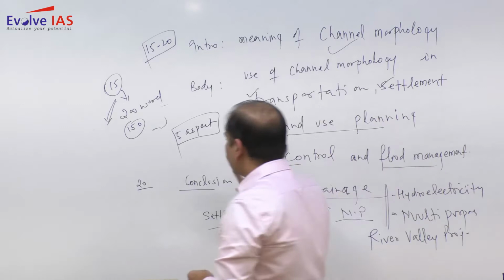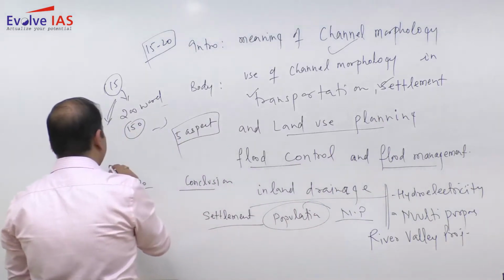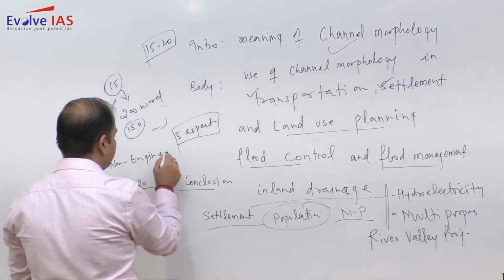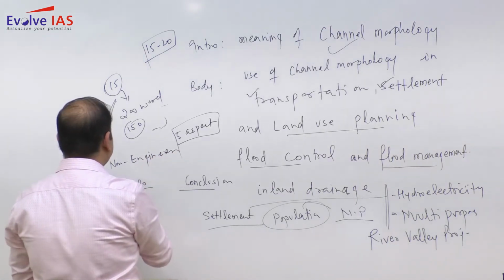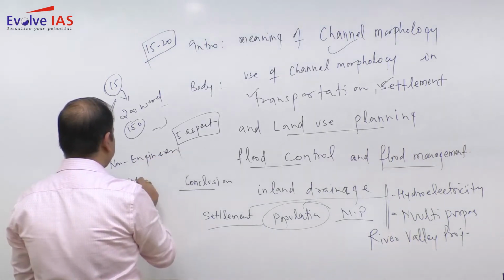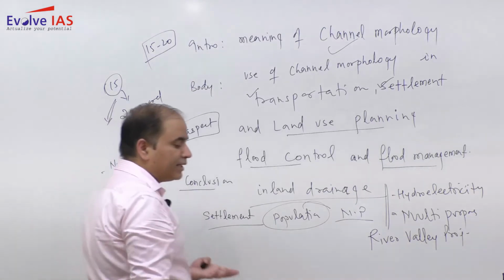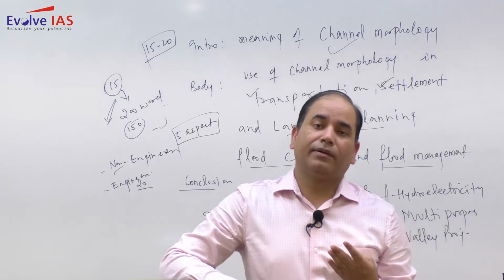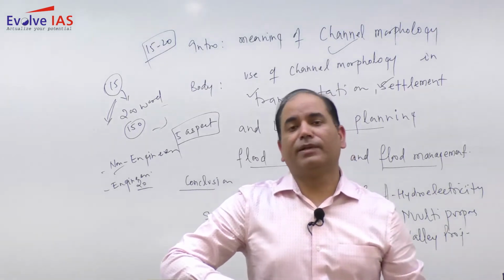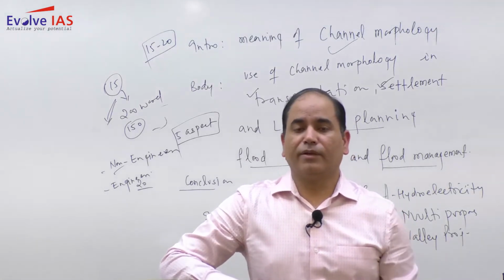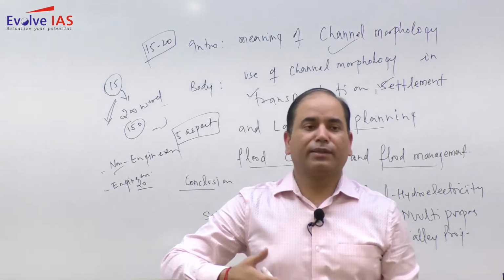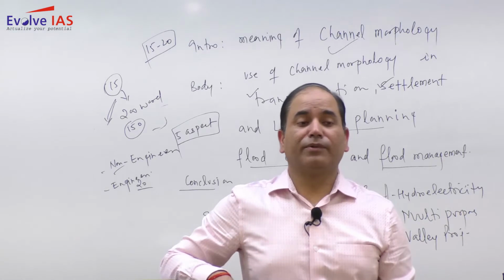In case of flood control, flood management, we have non-engineering methods and also engineering methods. Among the non-engineering methods are embankments, not allowing the settlement of people in the low-lying area of the river, managing deforestation or promoting afforestation.